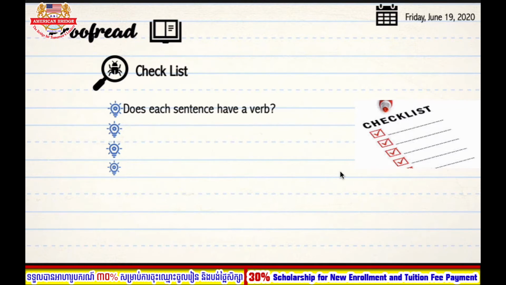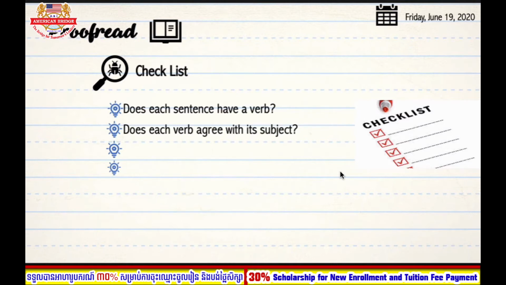Mostly some students are missing out the verb in the sentence. So make sure you double check in order to make sure that in each sentence you have the correct verb.